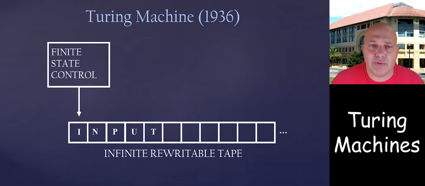So given the input, the machine does its computation, goes to the left, goes to the right, and at the end, it needs to write the output on the same tape. The output here could be a single symbol, or perhaps accepting or rejecting, but it can also be something else.